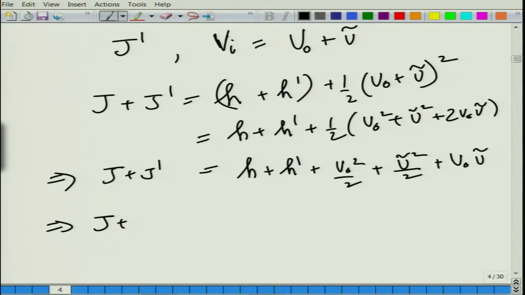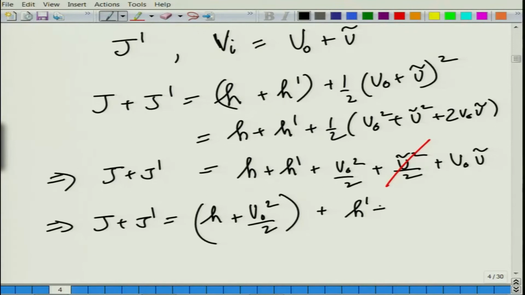Another thing I want to point out is that u tilde being small, u tilde square will also be very small, so we neglect that, as we did in the first week of the course when I introduced perturbation quantities and talked about how small they can be. The second order terms can be neglected with respect to the first order terms, and we can again regroup this as H dash plus u naught and u tilde.